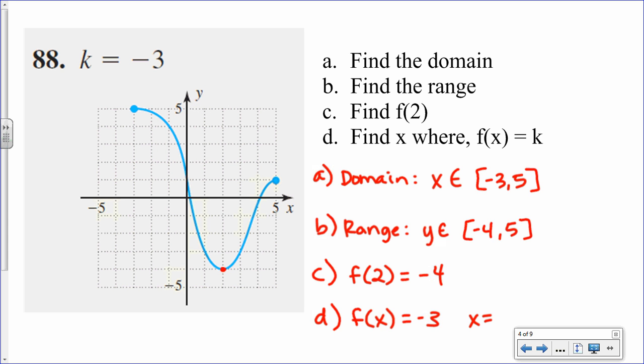Here's where y equals negative 3, and that hits the graph at 2 places, where x is 1 and where x is 3. Good. Questions about that? Yes.